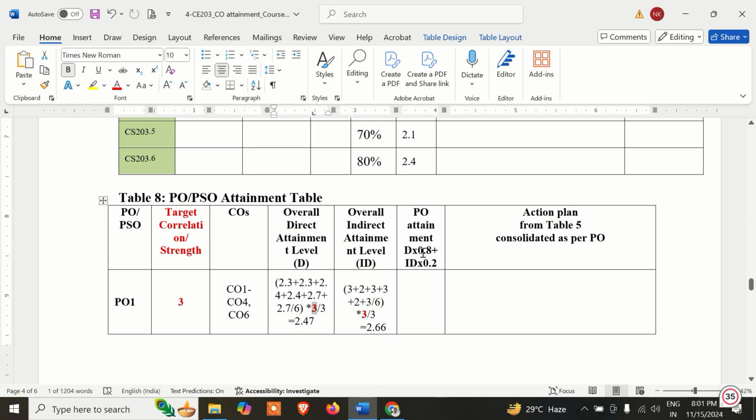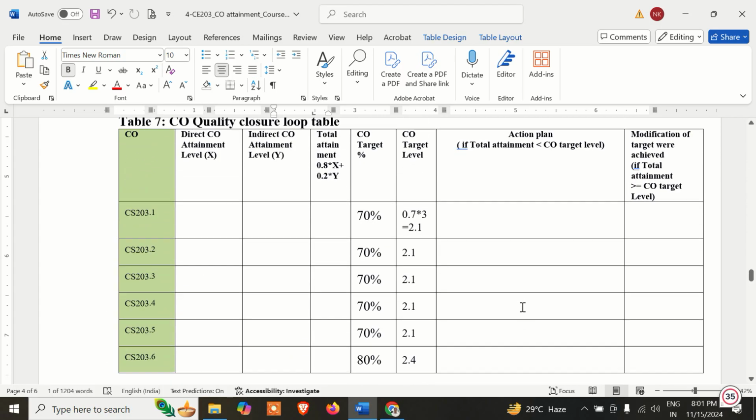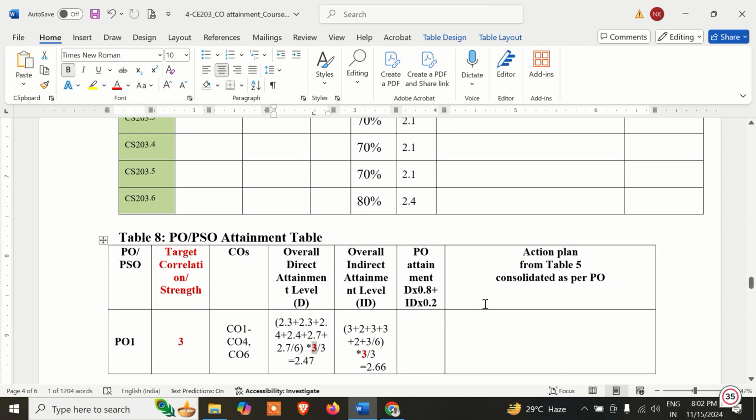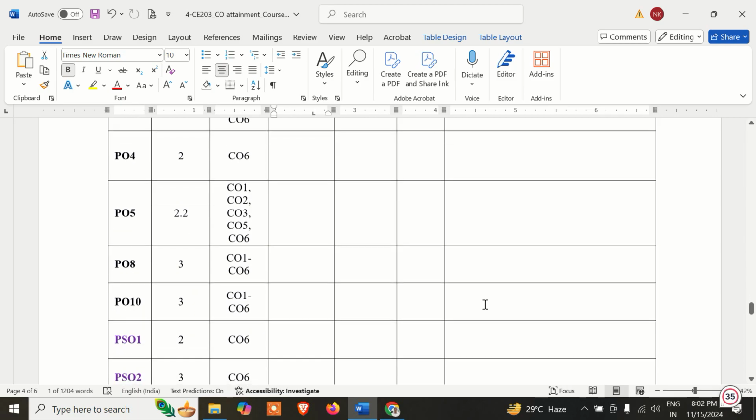That will give you the PO attainment. In PO attainment, again the weightage is given 80% to the direct, 20% to the indirect attainment, and then the action plan: by what percentage you have attained your PO, and if not, what is the action plan, so that next time this should be taken care of.